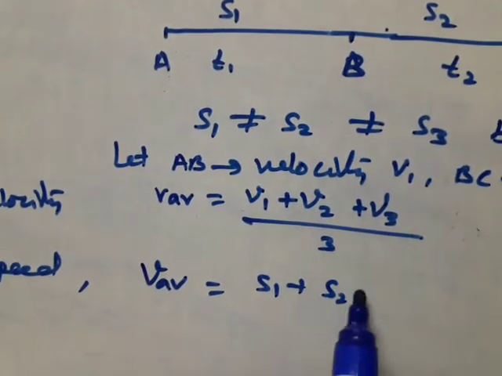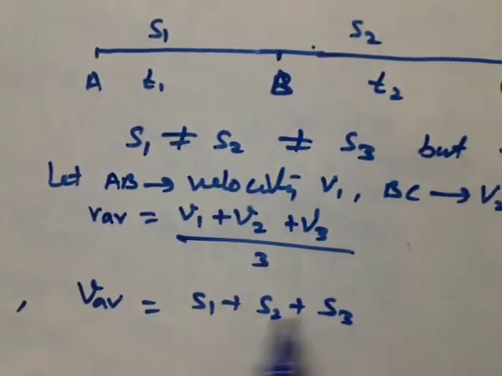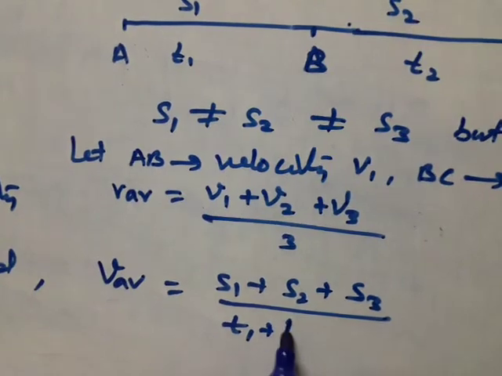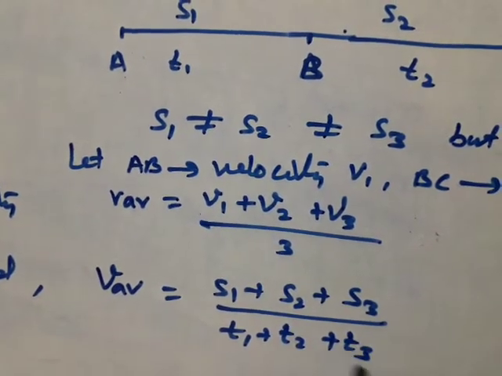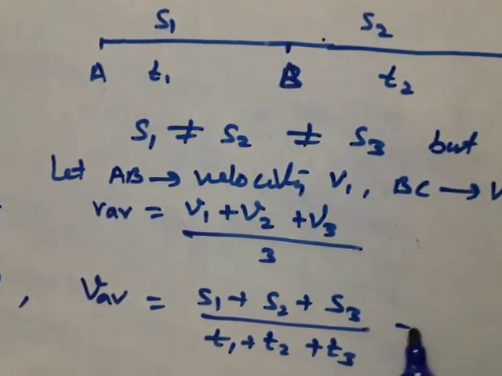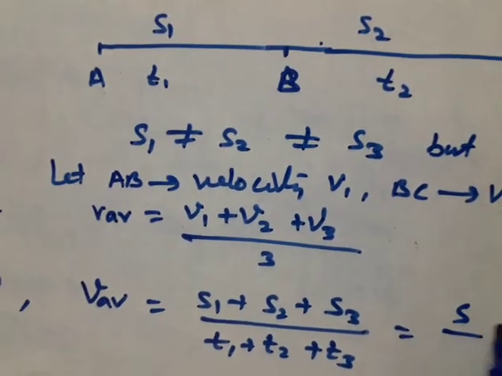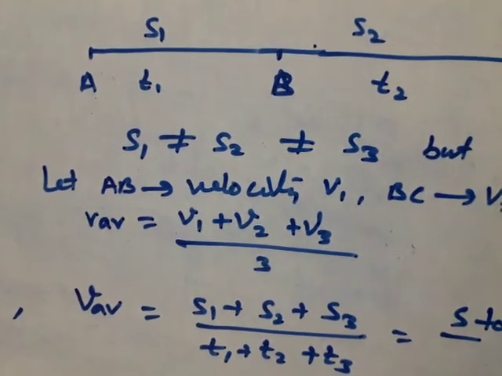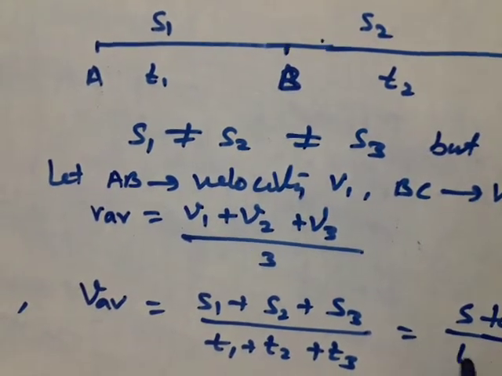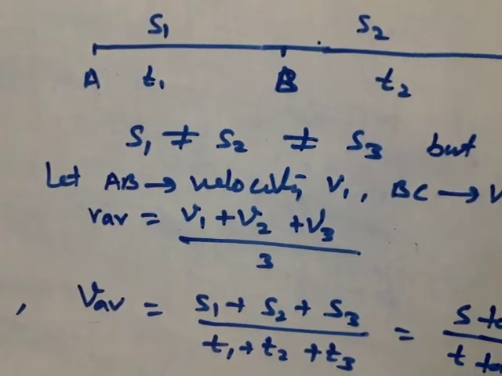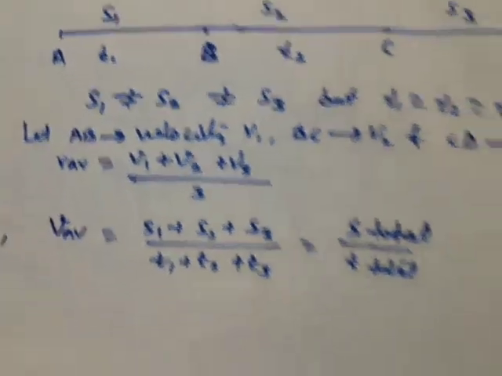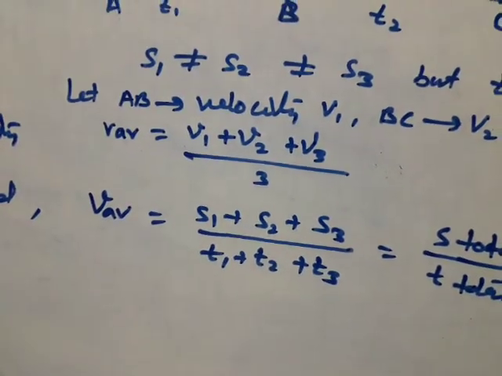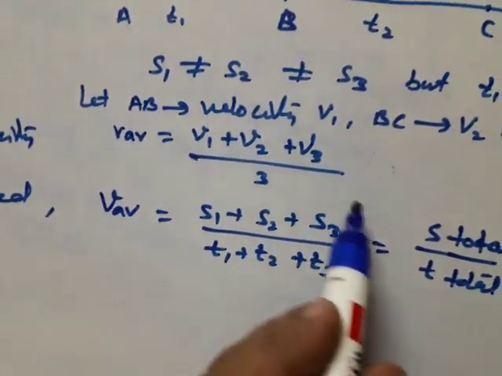So this is S total by T total, right? So in this case we apply this formula to calculate the average speed and average velocity, right?